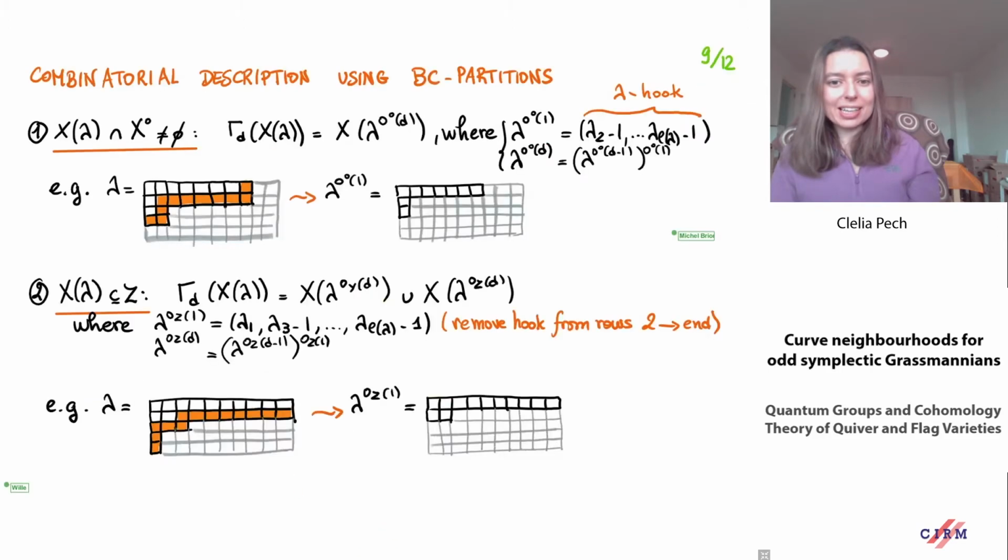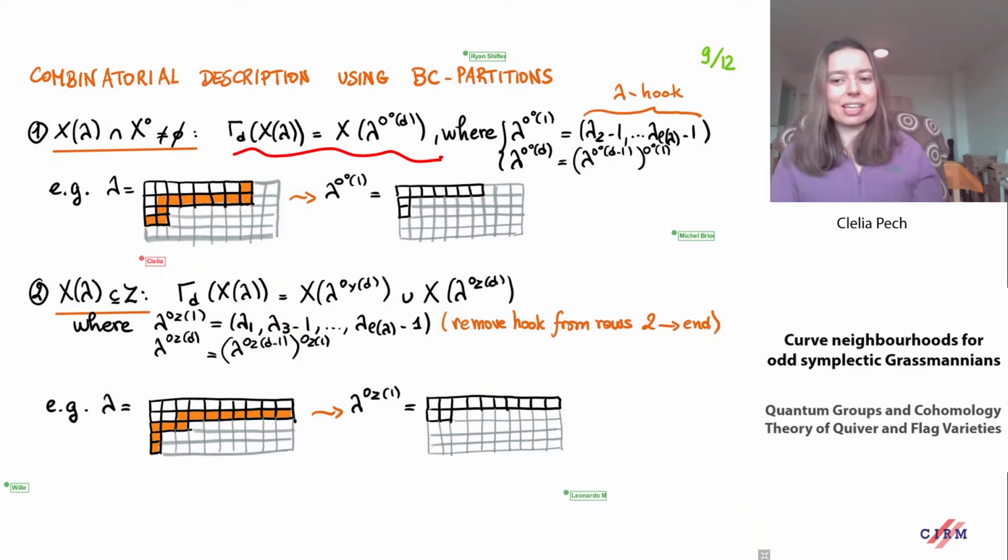So now I'd like to explain the combinatorics. I said in the main theorem that in the case where my variety intersects the open orbit non-trivially, I have just one component. I'd like to explain how you compute this component. This is the formula, but the formula is maybe not the most illustrative thing.